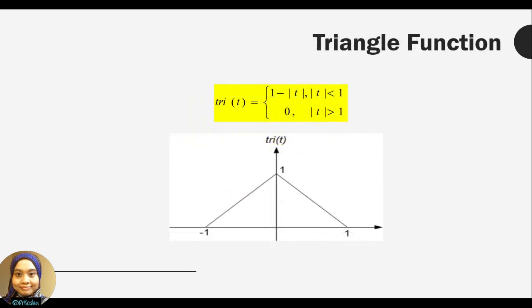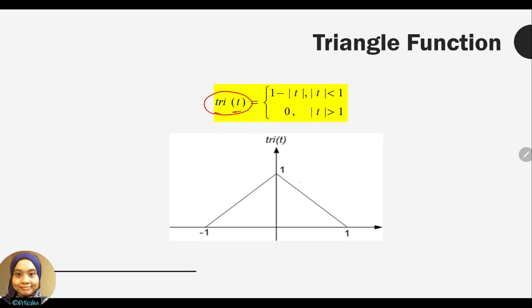Okay, and next is the triangle function. If you have tried to use the function generator, I think you also know this type of signal that can be generated. So for the triangle, we use tri with the time domain t.